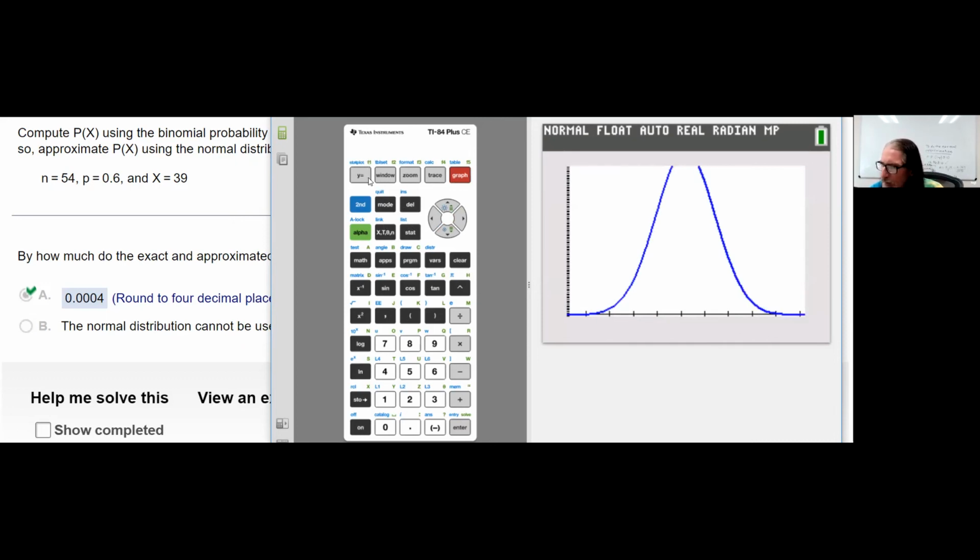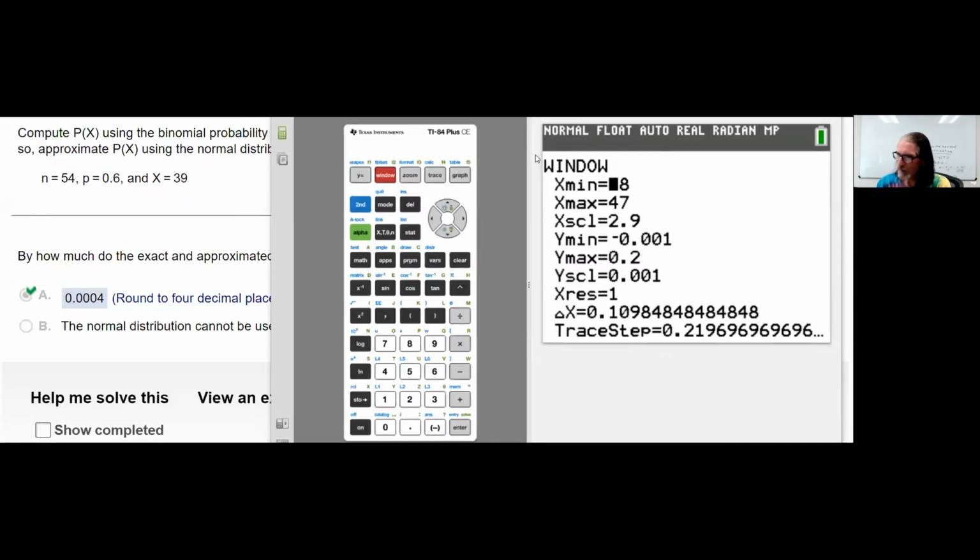Alrighty, let's see here. I'm going to pause this. All right, if I went up as high as 0.2, I was able to see it. See about 0.15.